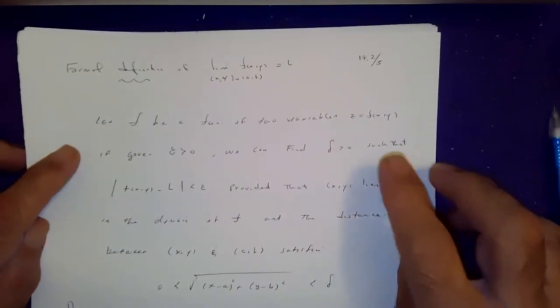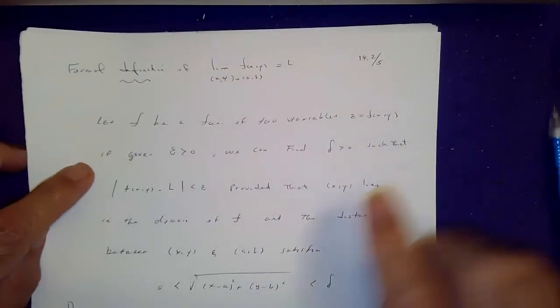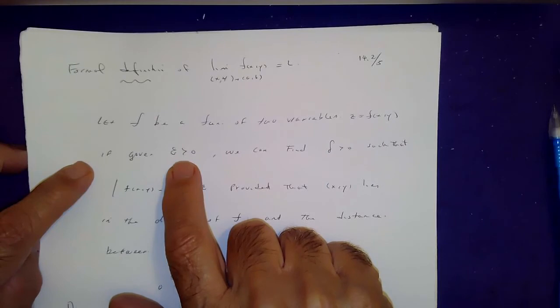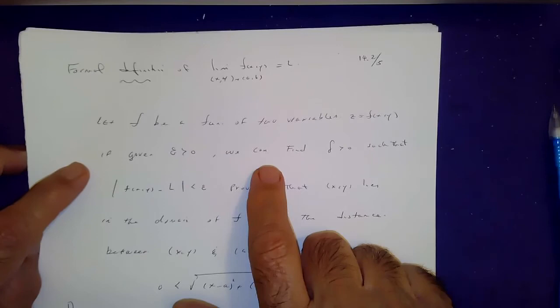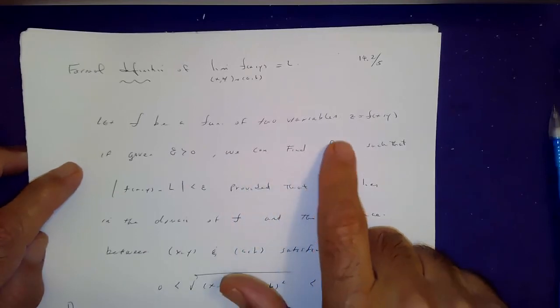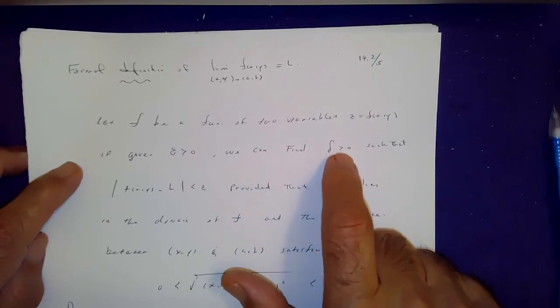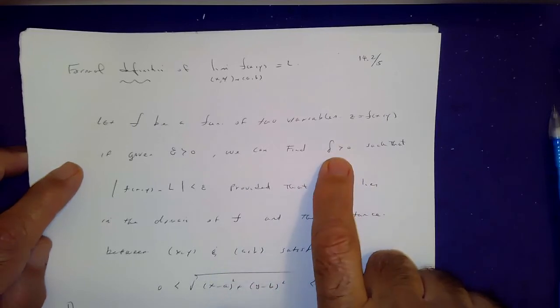Here it is. Let f be a function of two variables. Given a small number epsilon, that's what this Greek letter is, a very small positive number, we need to find another positive number called delta. So this is a very small positive number.